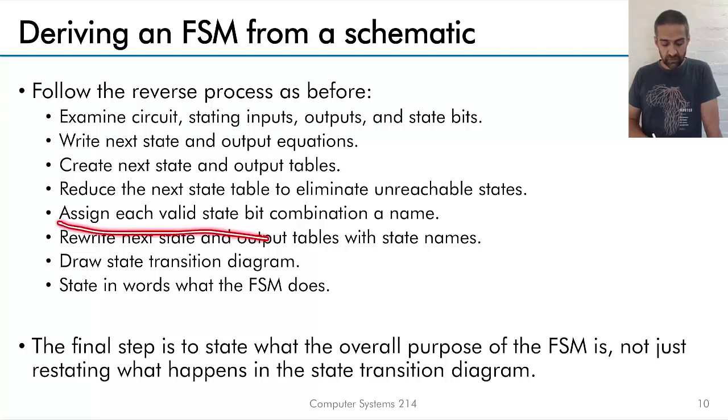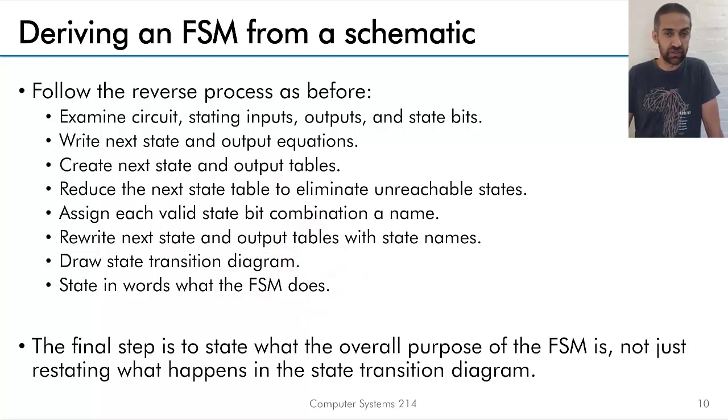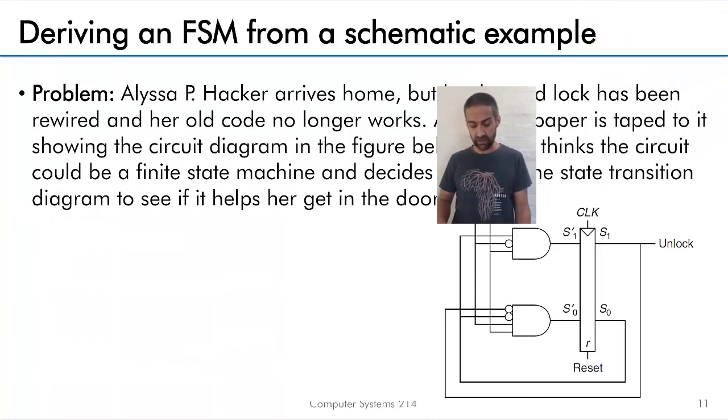Then we capture names, so we give monikers or names to the states rather than just the coded numbers. Then we rewrite the state tables with those state names, draw the state diagram, and then state in words what the state machine does. So we're going to do an example now which will illustrate this very clearly.